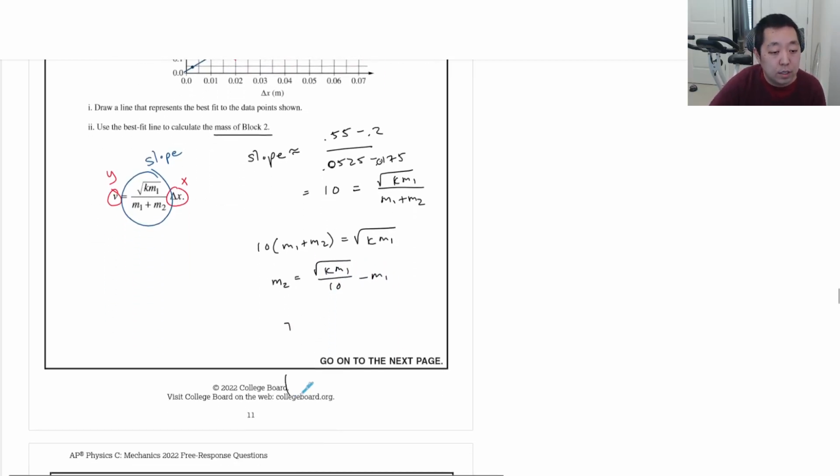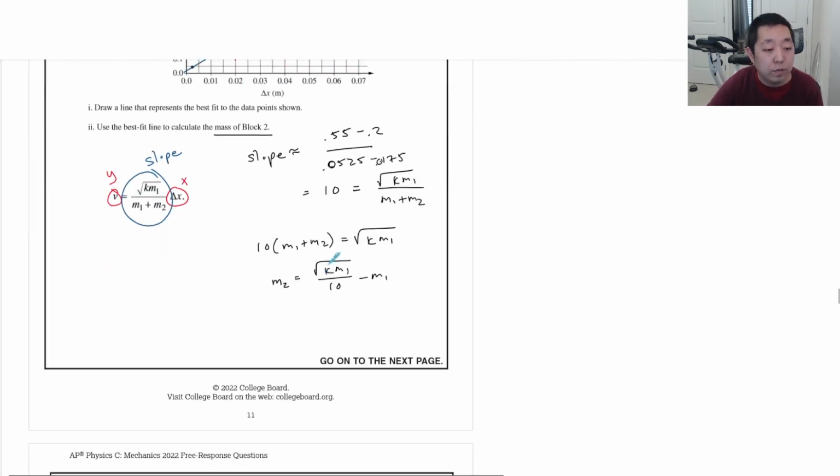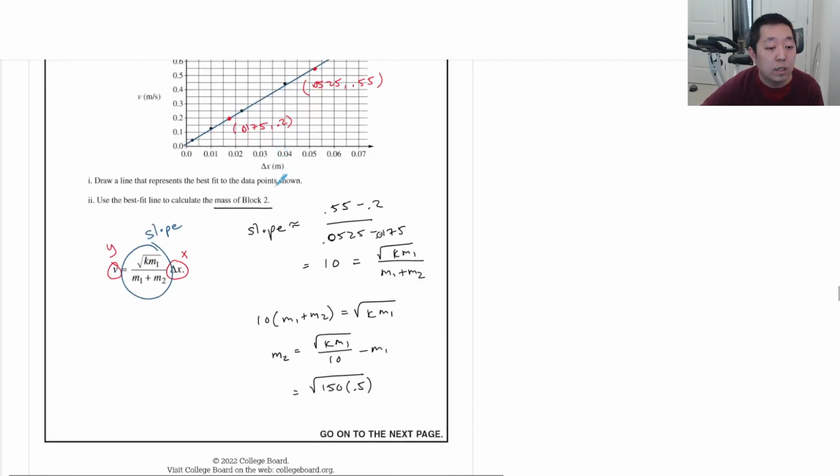So in this case, oh, oops, shoot. They told us k was 150. They told us this was 0.5, right? Yeah, 0.5 kilograms right here. And then divided by 10 minus 0.5. We get m2 is equal to 0.366.